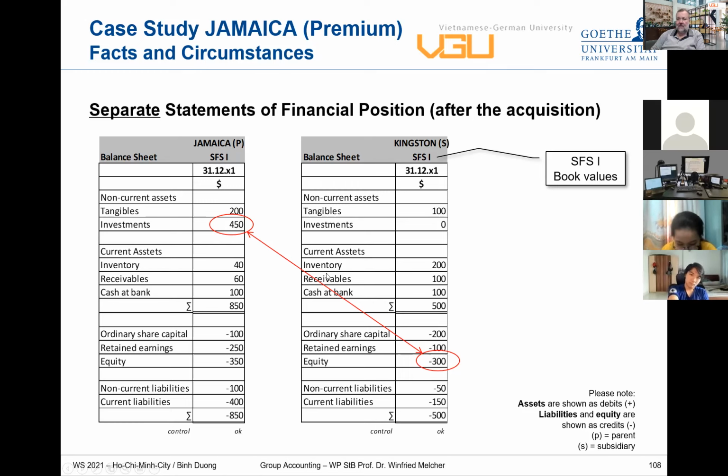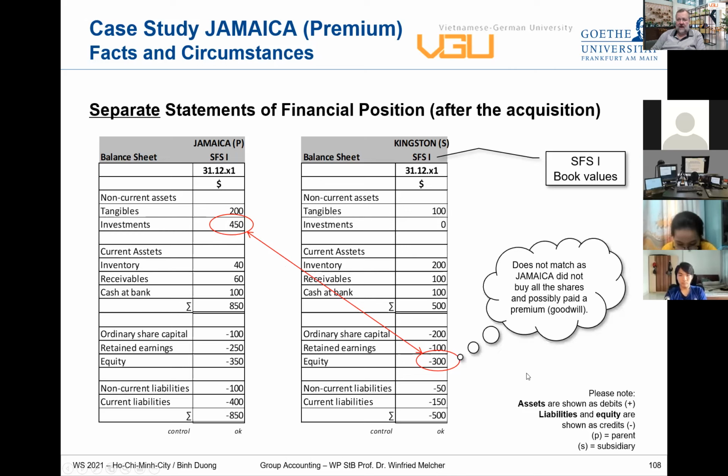We know these two numbers are not the same, because probably Jamaica has paid a premium that will result in goodwill, and obviously they have not bought all the shares of that company. This is why in most cases in practice, these two numbers do not match. All right, so we have the local financial statements here.